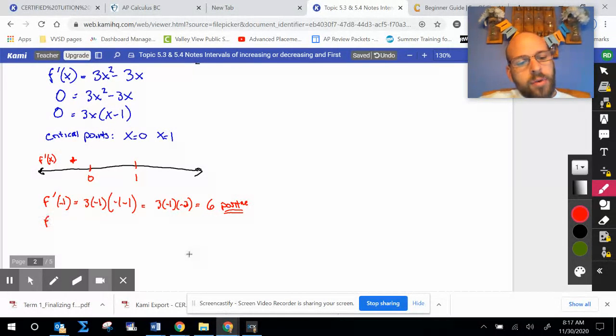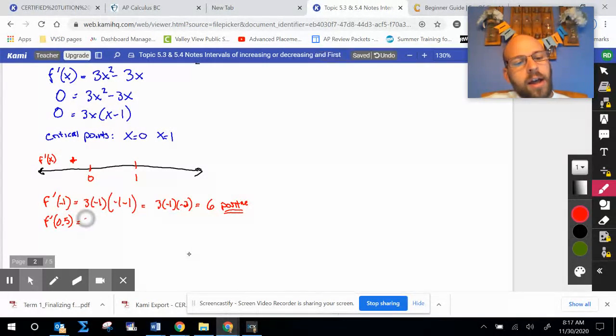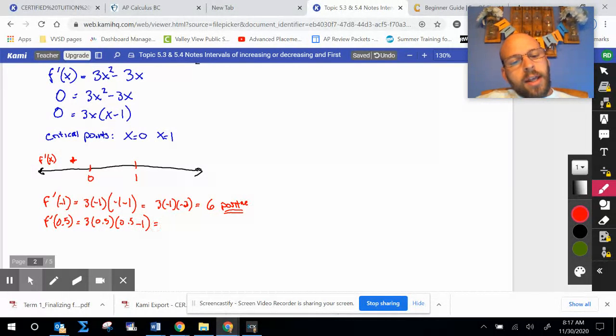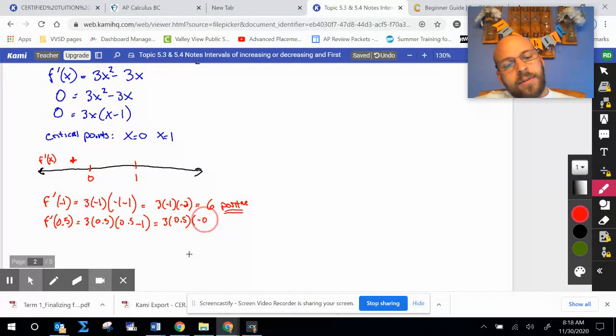Now, I'm going to test the next interval, between 0 and 1. So if I put in, let's say, 0.5, I have 3 times 0.5 times 0.5 minus 1. Ultimately, I'm going to get 3 times 0.5 times a negative 0.5, and again, I don't really care what the value is.